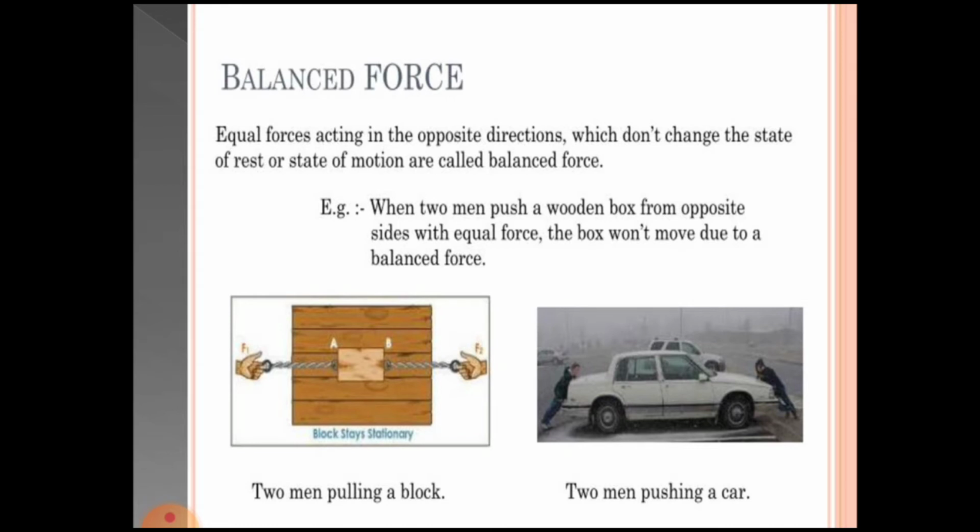Like that, when two men are pulling a block situated on a table, which is at rest, with a chain towards their own sides, and when they are applying equal forces in opposite directions, F1 is towards the first person's direction and F2 is the force applied towards the second person's direction.